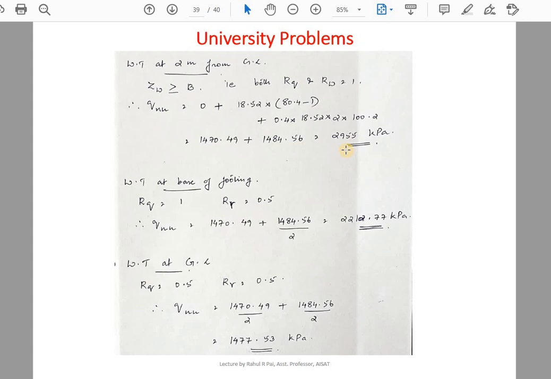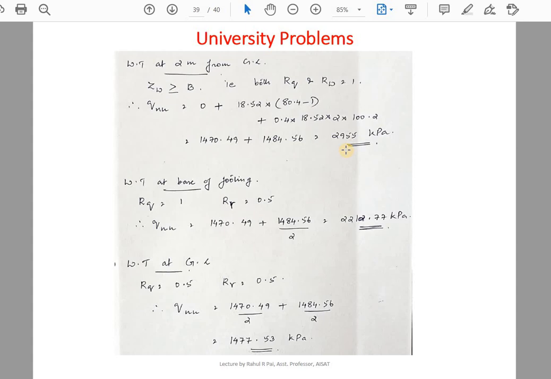So for the third term you have to use 0.5 as the reduction factor, and for the second term the reduction factor is 1. Why am I calling it the second term and third term? Because the second term represents the soil around the footing in the bearing capacity equation, and the third term represents the soil below the foundation. So that is why we are applying RQ to the second term and R gamma to the third term.